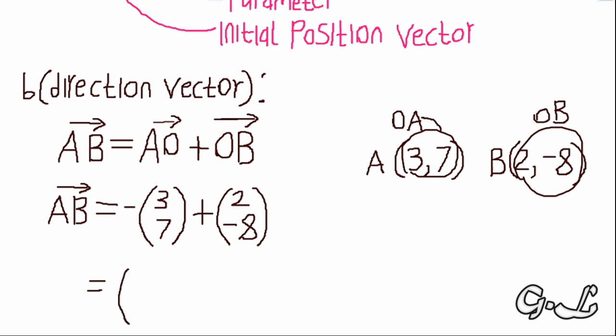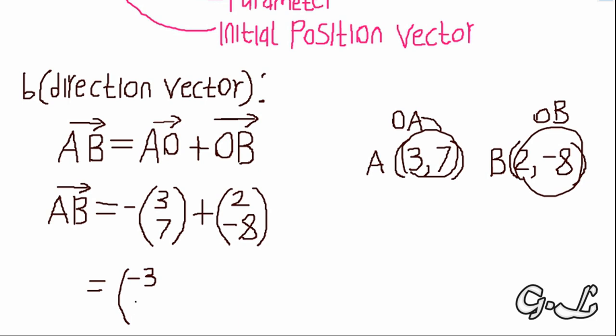And then the next thing that we're going to do is consider the simplification. Negative times positive 3 will be -3.